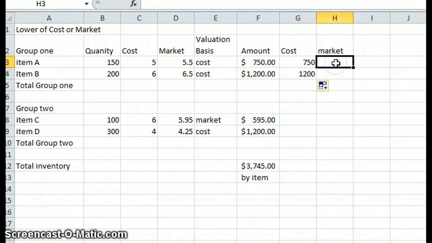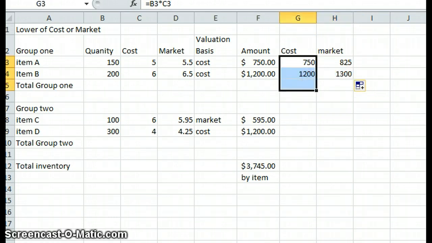And then we'll do the same thing for market. We'll multiply the quantity times the market value, and we'll do that for both items. And of course, if you had more than 2 items in a group, you would do it for all the items.